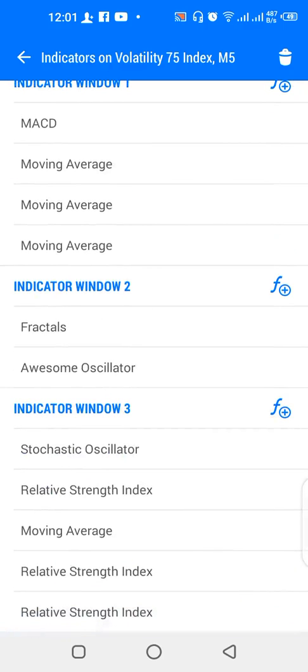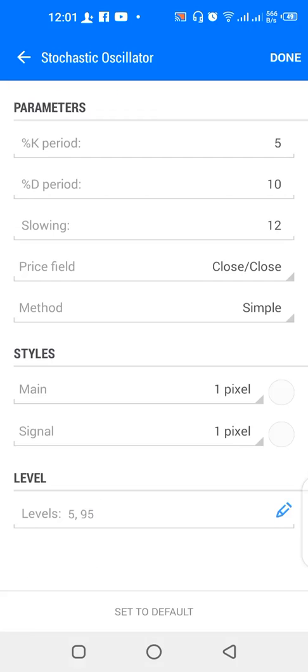Okay, let's look at the parameters for indicator window 3. We have stochastic oscillator, relative strength index, moving average, another relative strength index, then another relative strength index. Okay, let's look at the parameters for the stochastic oscillator.